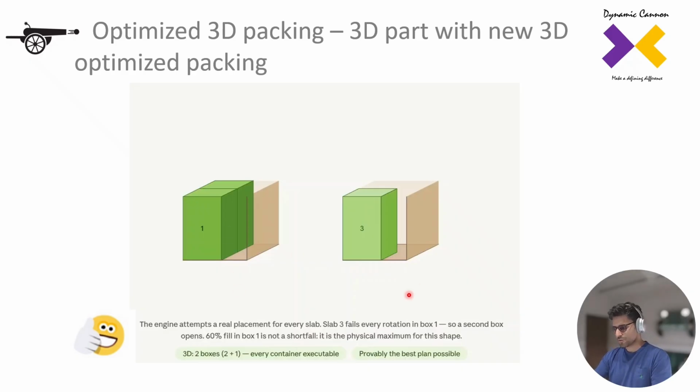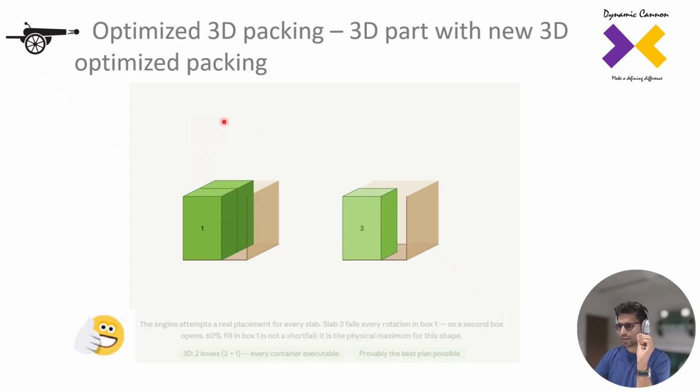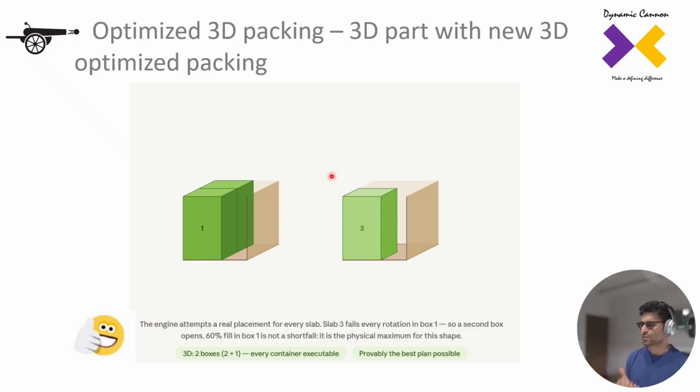So now, in this scenario, the packing algorithm will pack the first two and it will realize that the third one does not fit in. So the suggestion will be you need to pack these three items into two boxes, which is exactly what we want the system to suggest. And this is the exact improvement we were waiting for, a very welcome feature in Dynamics.